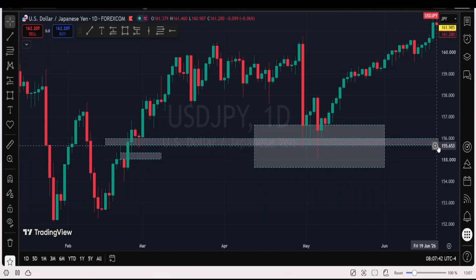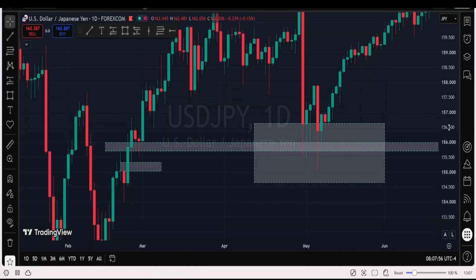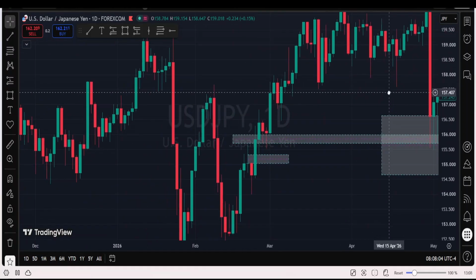So that's what you're looking for. And the next thing you're asking yourself is, where is the liquidity? Where is today's draw on liquidity? The market is seeking something. If you can answer all those questions, it gives you the whole picture of what to do in the market.